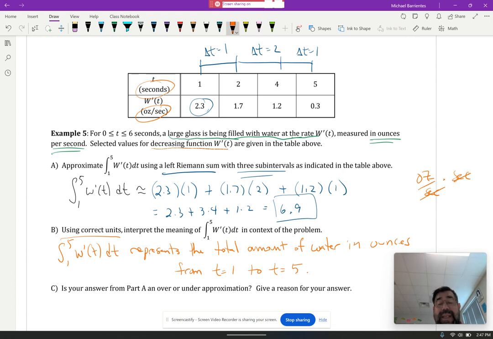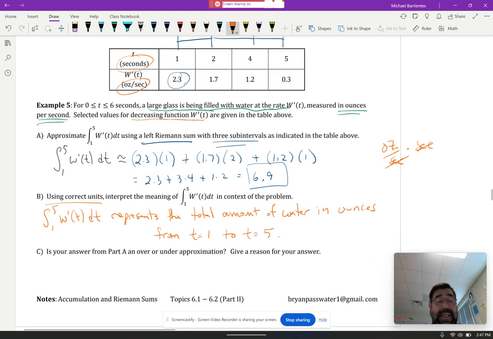So 6.9 is 6.9 ounces, and that's the total amount of water that's been accumulated in the large glass in the first 5 seconds. It's not the first 5 seconds, I'm sorry. From time 1 to time 5, because this integral doesn't start at 0, it starts at 1.